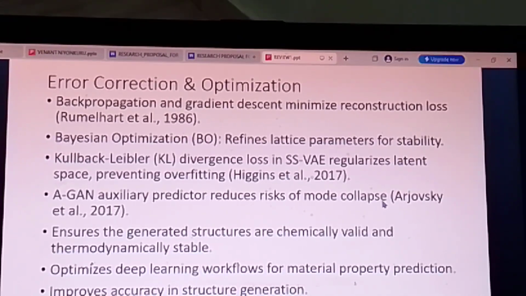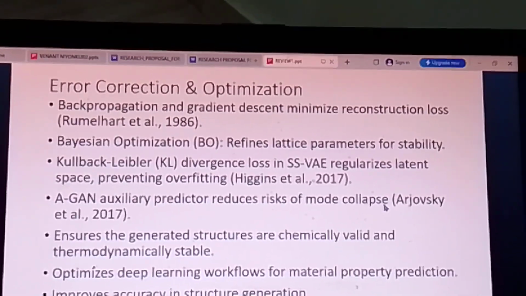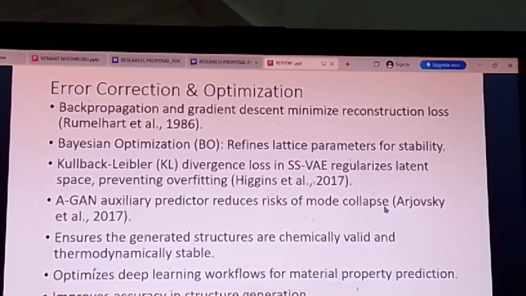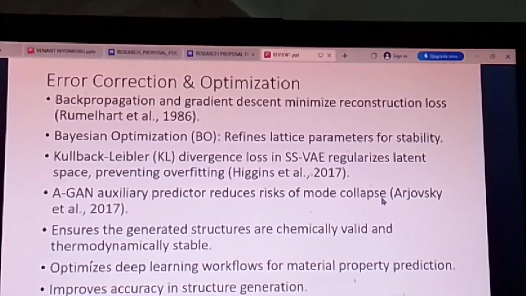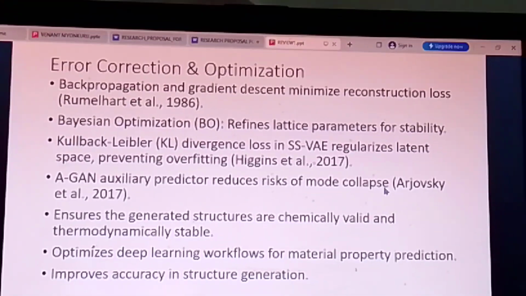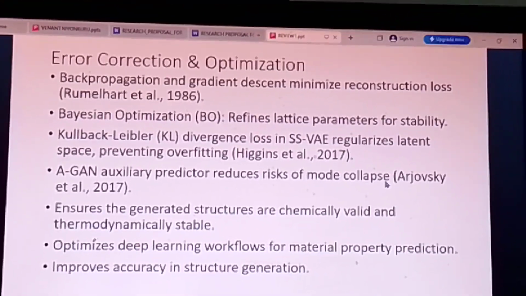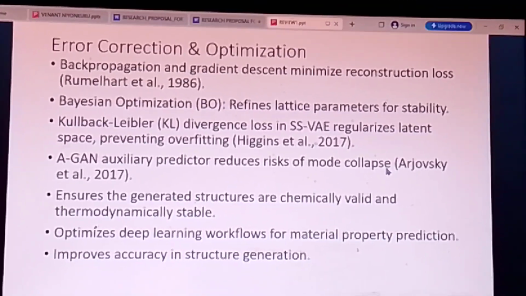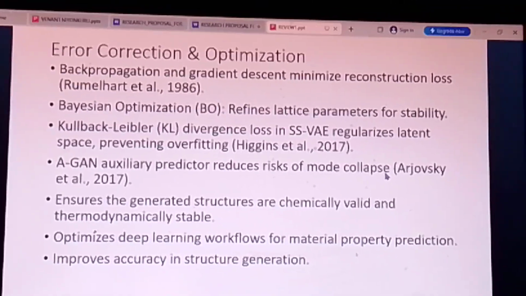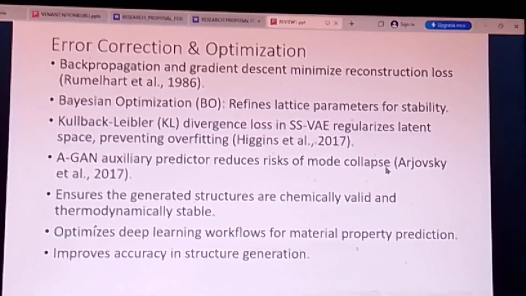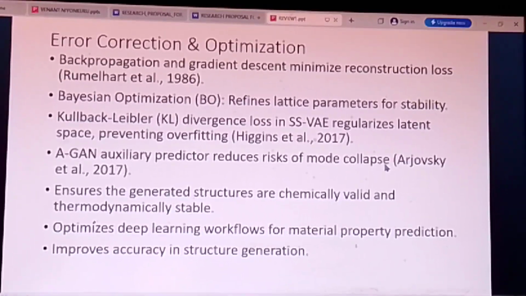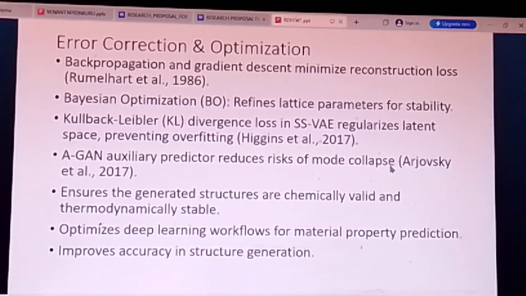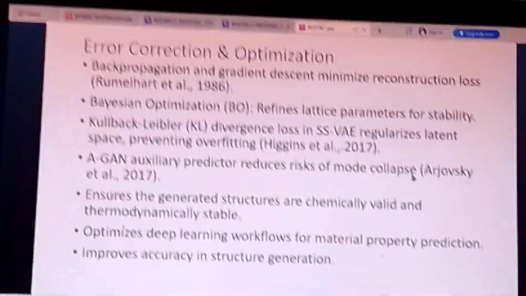The GAN auxiliary predictor reduces the risk of mode collapse and ensures the generated structures are chemically varied and thermodynamically stable. This optimizes deep learning workflows for materials property prediction and improves accuracy in structure generation.